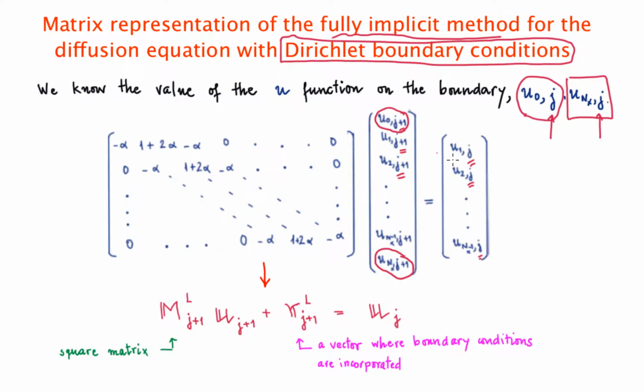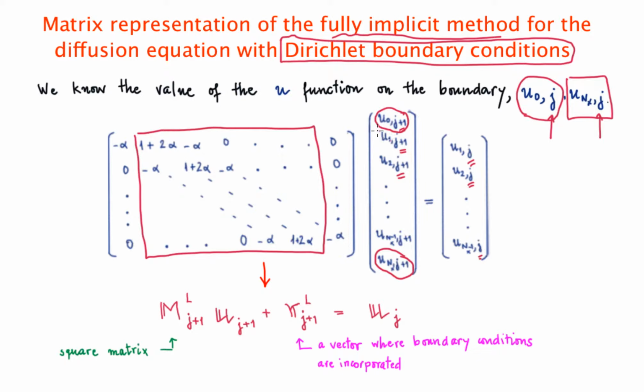Of course, they are going to have some effect in order to calculate the others, but we are going to do the following. We are going to take a square matrix from here. We eliminate the first column and the last column, because this column is multiplying a component which is not unknown. It's a constant, a number, and the same for the last one.